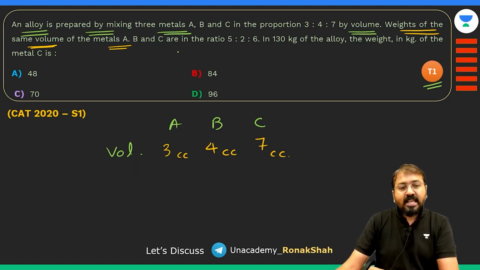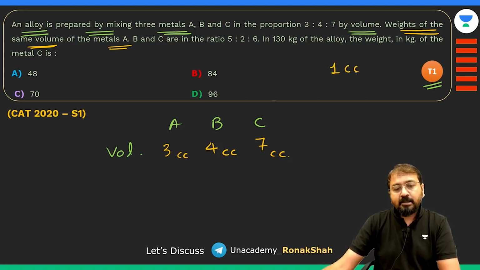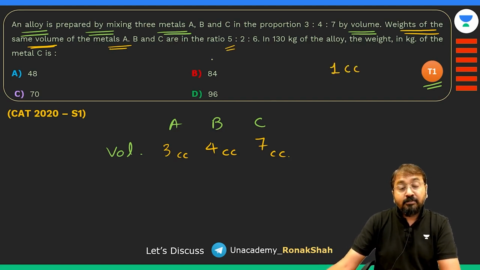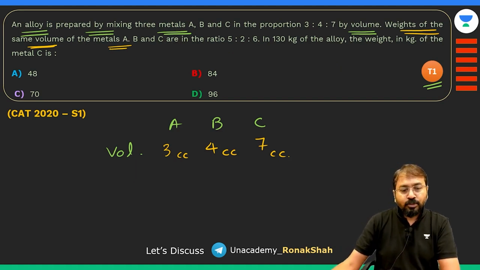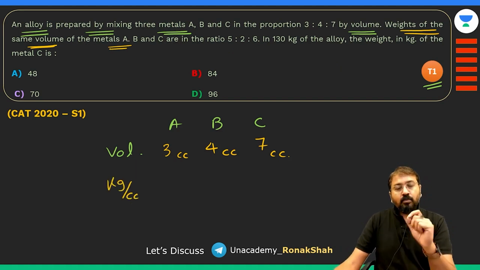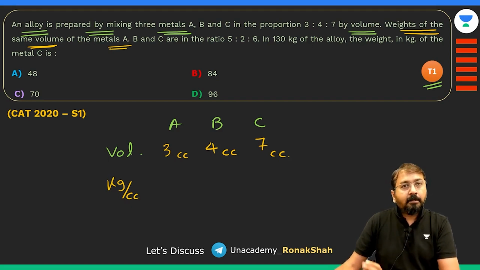So guys, what they are saying is, if I take 1 cubic centimeter of material A, then it will weigh 5 kg. Instead, if I take 1 cubic centimeter volume of material B, then it will weigh 2 kg, because the density will be less. I'm sure you can understand that, and so on and so forth. So here I can write down kg per cc. That is the weight of each material per cubic centimeter.